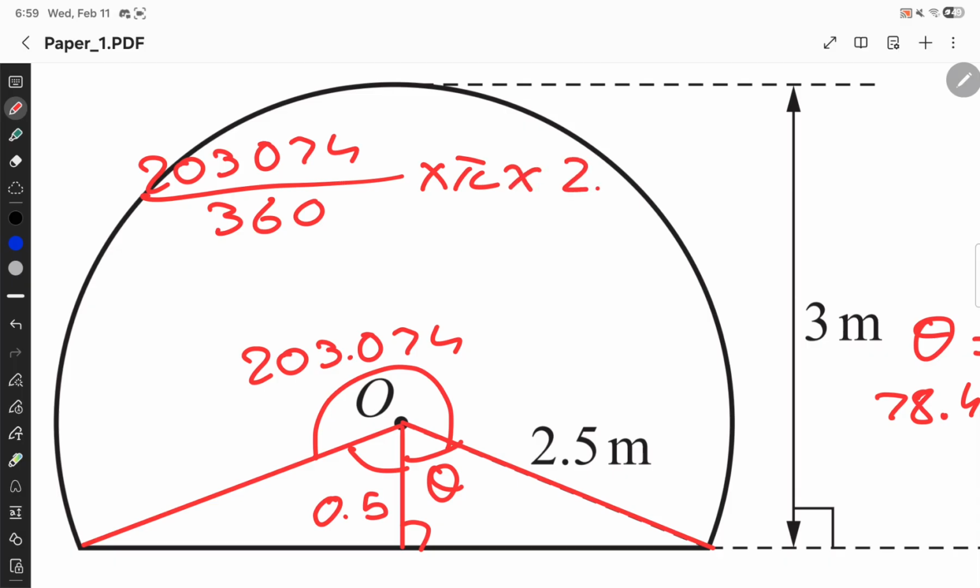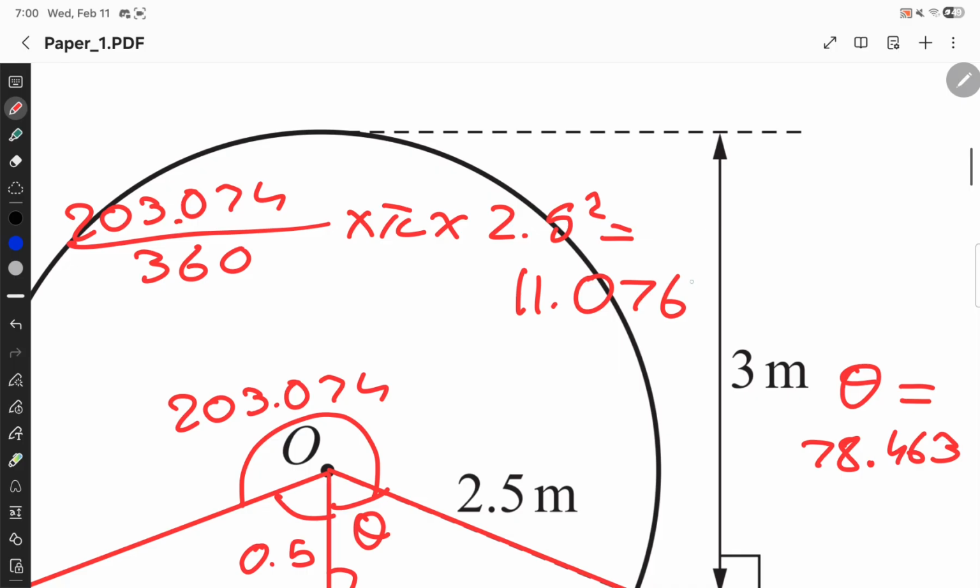203.074 divided by 360 times pi times 2.5 squared, which gives us the answer of 11.076.